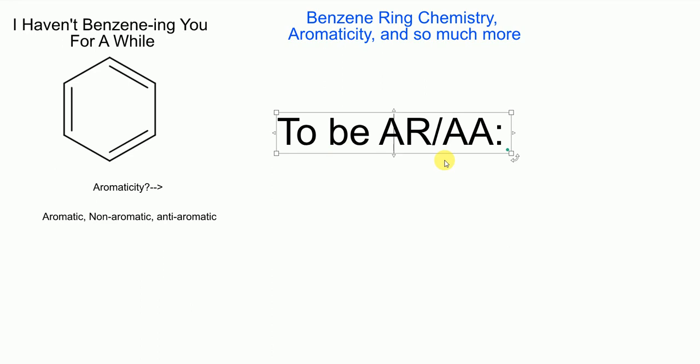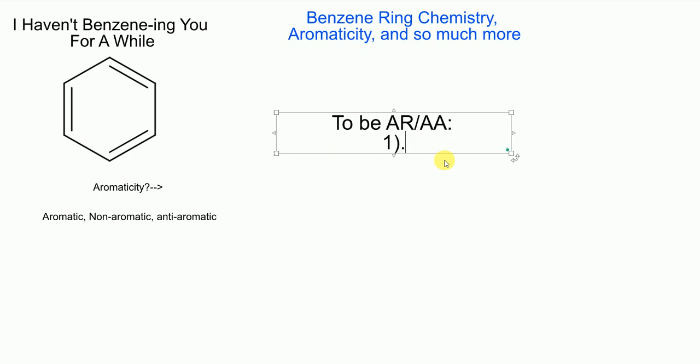So to be aromatic or anti-aromatic, there are certain characteristics that have to be present in the molecule. First, and a very common thing that you'll see, is they have to be cyclic, and have to have conjugated pi bonds. That's the first rule, and these rules are not in any particular order.